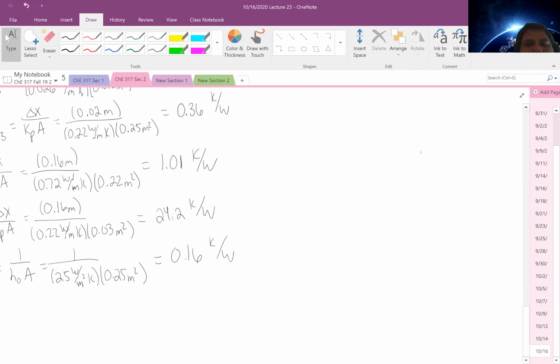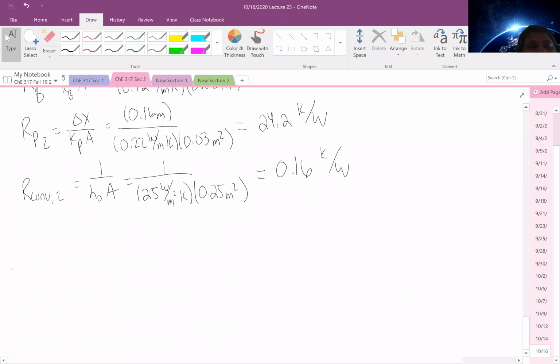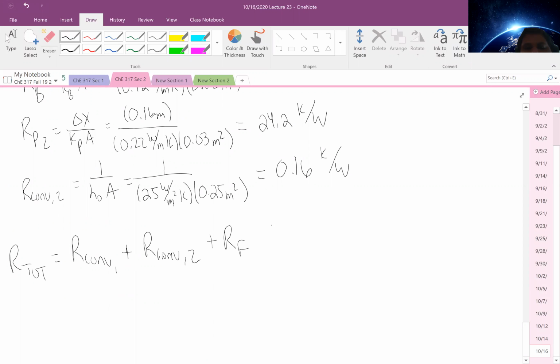So all we need to do is identify our total resistance expression, which is convection 1 plus convection 2 plus the R of the foam plus 2 times R of the plaster, which is 1 and 3, plus the inverse of the resistance of the brick plus the resistance of the plaster to the inverse.